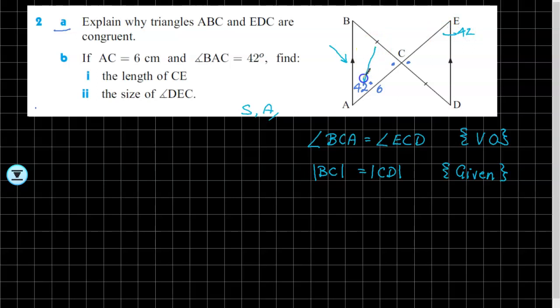And it's opposite that same length. So we're good to go there. So we can say, and angle BAC equals angle CED, yep. And why? We're not allowed to just say parallel. Alternate. Very good.